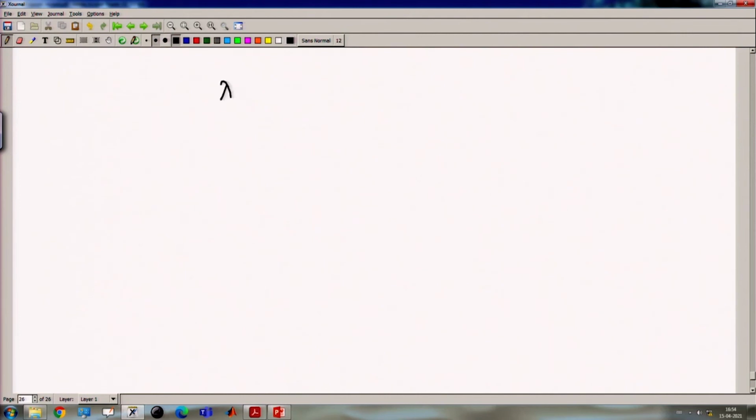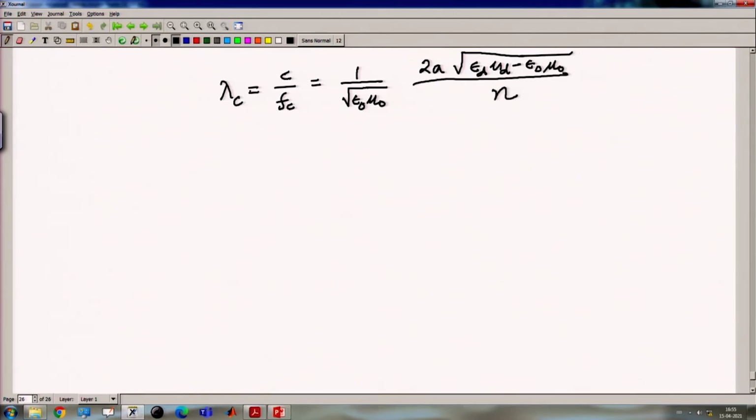The corresponding cutoff wavelength lambda c becomes equal to c by f c, that is equal to 1 by root of epsilon naught mu naught, twice a root of epsilon d mu d minus epsilon naught mu naught by n, or that can be written as twice a by n root of epsilon d mu d by epsilon naught mu naught minus 1.